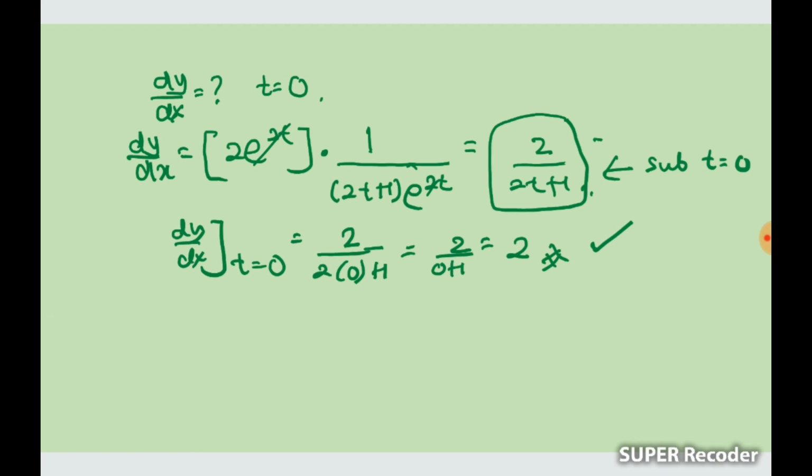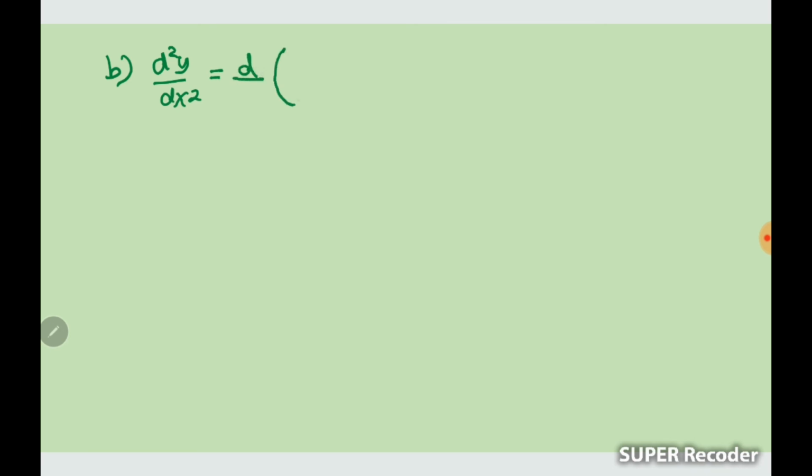Okay, now I will continue with B. Find d squared y over dx squared. That is, you have to use dy/dx from our previous result. You need to differentiate with respect to t. Then you need to multiply with dt/dx.